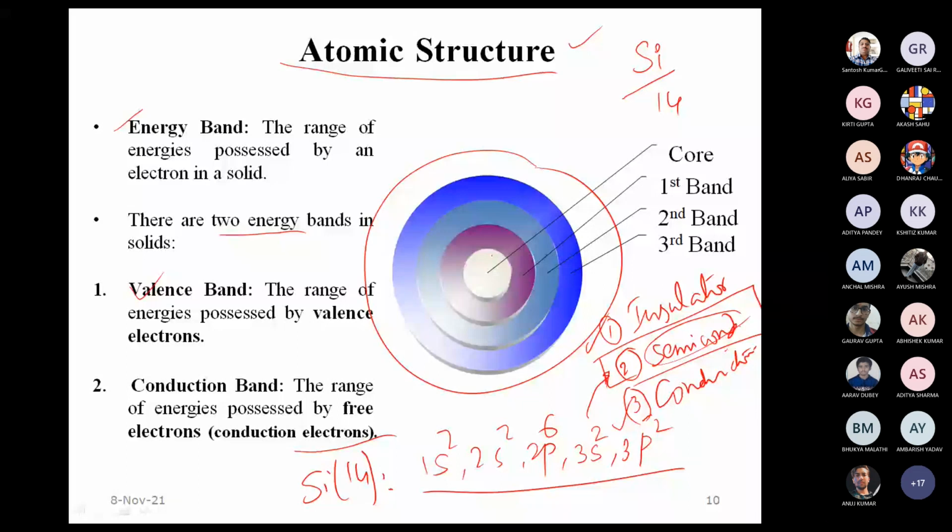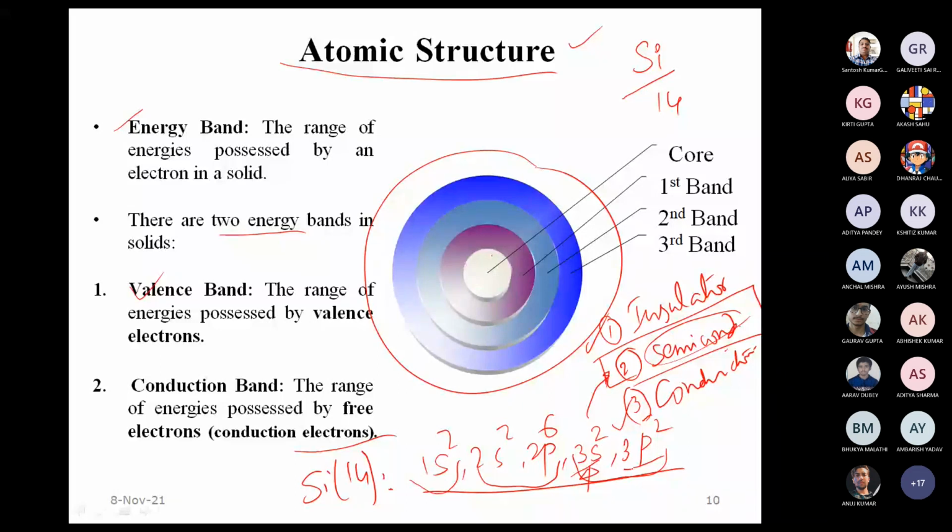So these are the first two shells here. These are fully filled, and the third shell has the subshell S and subshell P. The first subshell, the 3s, is also filled.